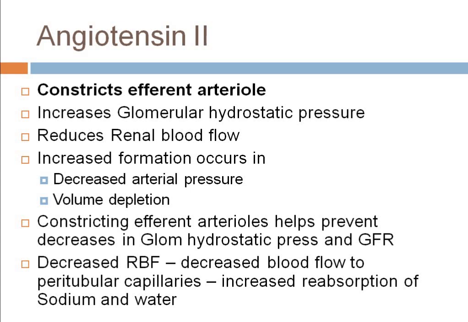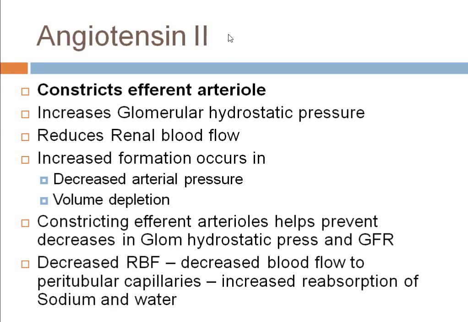When there is slowing of the blood flow in the peritubular capillaries, there will be increased reabsorption of sodium and water. And hence it helps in retaining these things. We need them because of the volume depletion. When the volume is being depleted, we need to conserve sodium and water. So that is what is being done by angiotensin II.